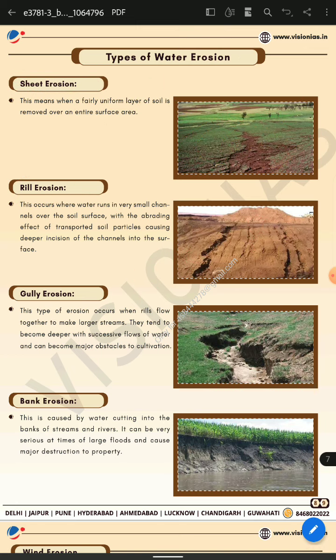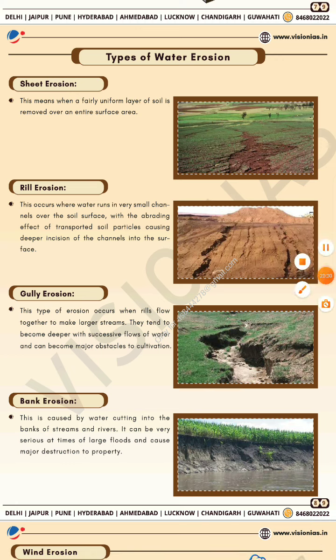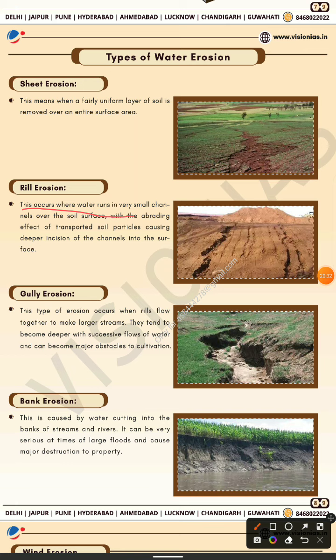The rill is also known as the rill, where the water runs in very small channels and the soil surface has the ability to transport particles, and the channel gets deeper and increases. Then the gully, you have seen this gully.